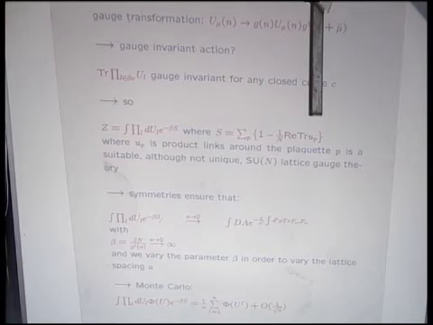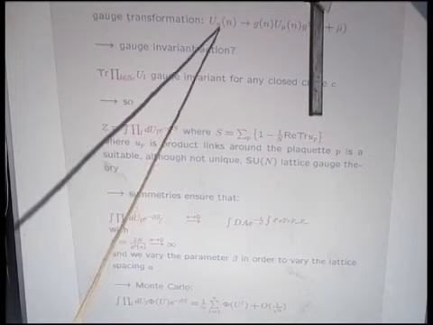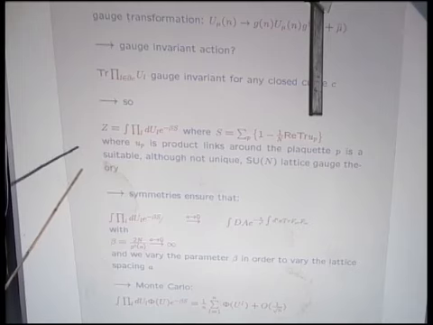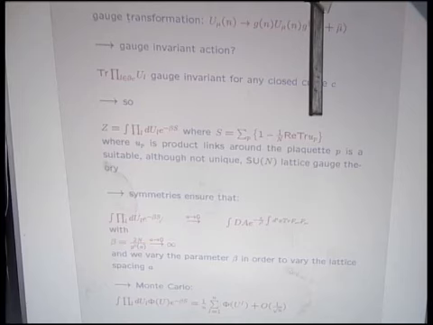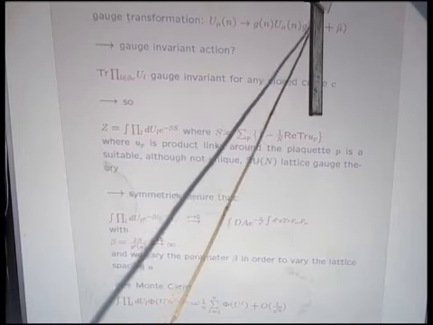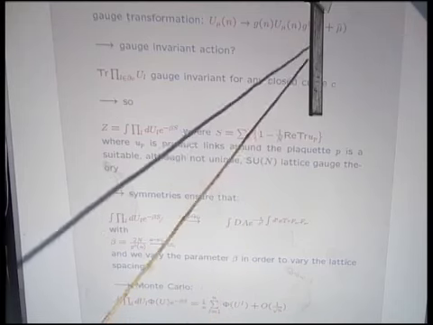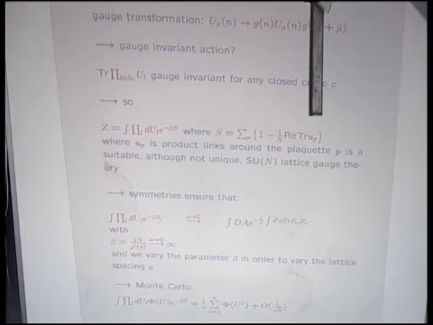How do you get a gauge invariant action? Well, if you take any ordered product of these matrices around any contour on the lattice, then all the gauge transformations along the contour will cancel out from one link to the next, because the next link will produce a g of the same form. And these are SU(N) matrices, so g dagger g is 1.